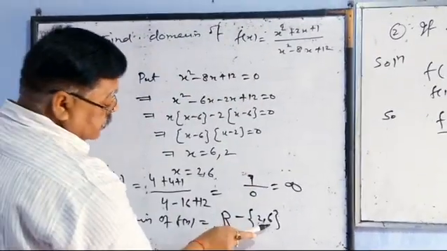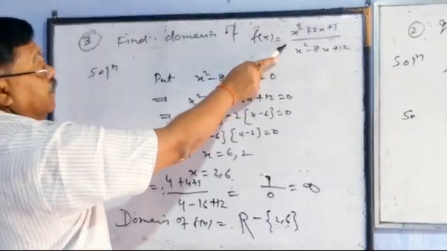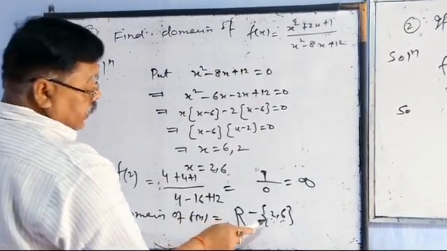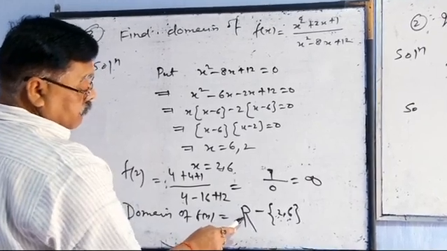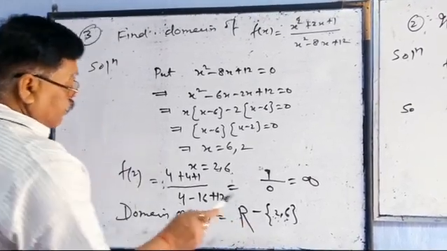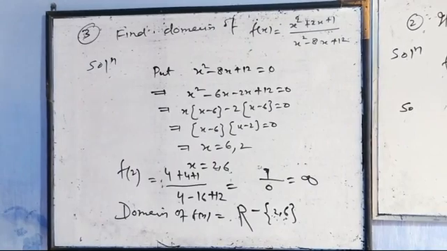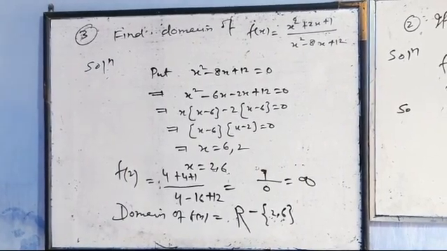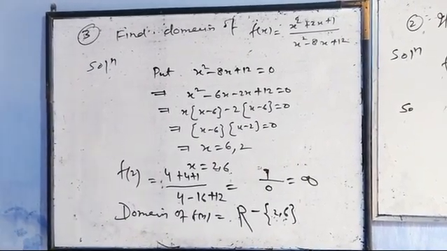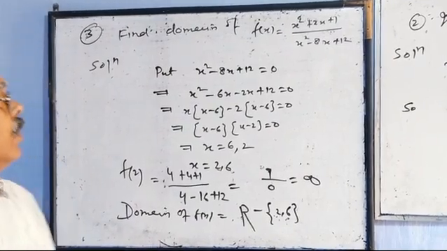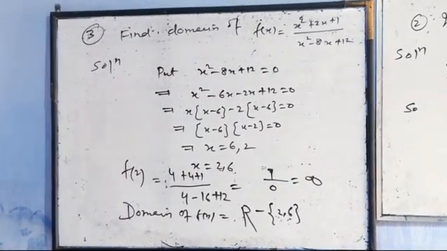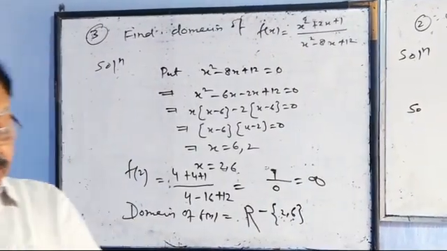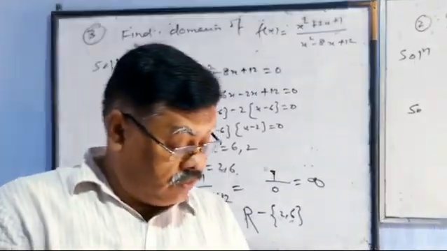For 6, this value is undefined. So we don't take 2 or 6 in the domain. So real set minus {2, 6}. This is the domain of this rational function. So this is the way to find the domain of a rational function by putting the denominator equal to 0.